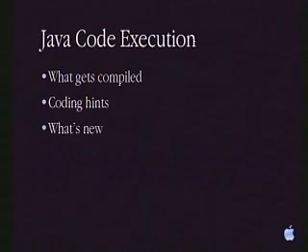What I'm going to try to do in this talk is describe how things get interpreted, how they get compiled, when they get interpreted, when they get compiled, and give you some coding hints that you can use to speed up performance once you find out what kinds of weaknesses you have in your code. I'm also going to run through a few things that have changed in the last year since our talk last year.